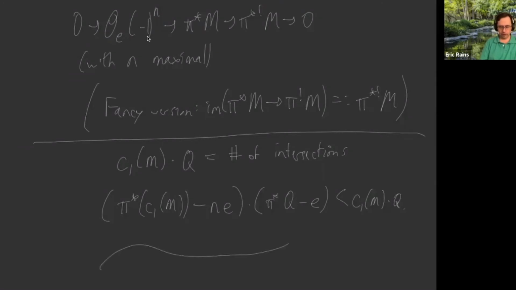one curve, which is Q, and another curve, which is the support of M. And we're blowing up a point where they intersect.